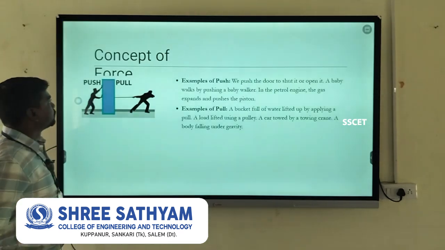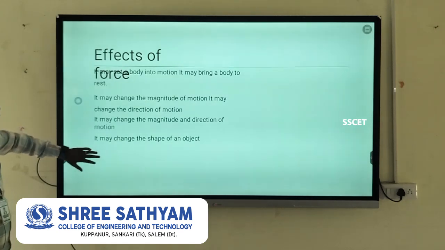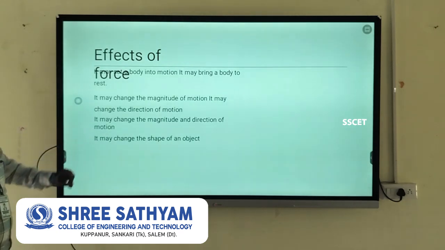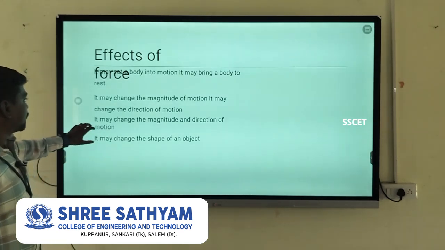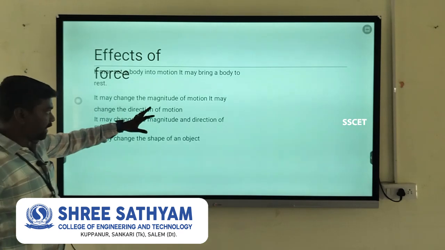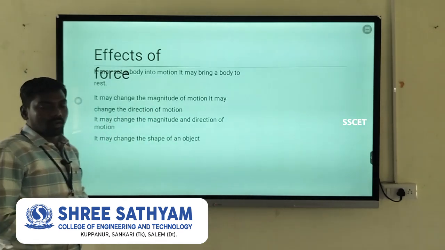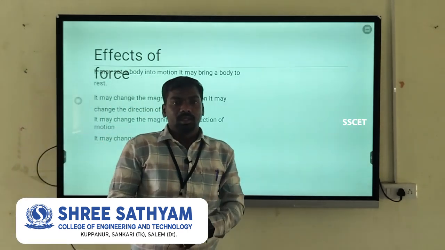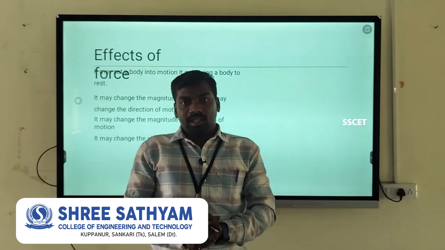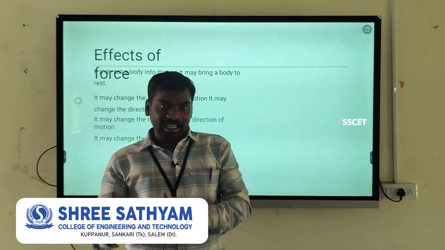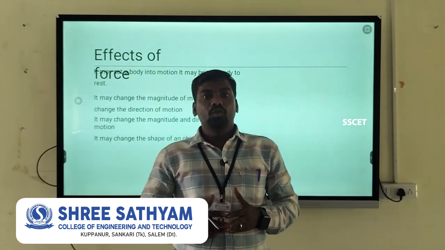Next one, effect of force. What is the effect of force? It may change the magnitude of the motion, and it may change the direction of motion. For example, if a magnetic force is applied on one object and the magnetic direction changes, the object changes its moving direction.